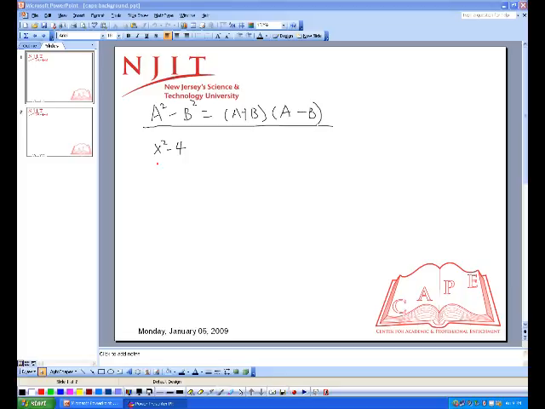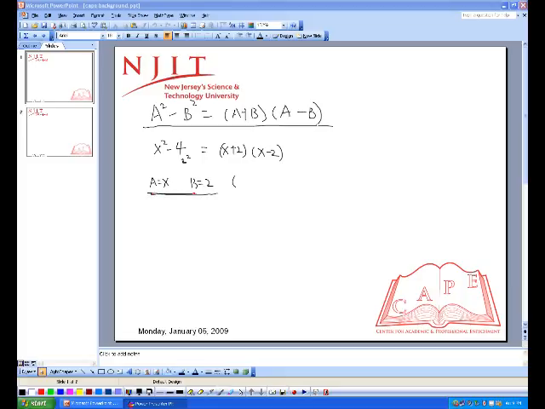So if a squared is x squared, that means a is equal to x. And b squared is 4, that means b is equal to 2, right? Because 4 is 2 squared. So if we identify a is x and b is 2, then applying the formula, x squared minus 4 is simply equal to x plus 2 times x minus 2, okay?